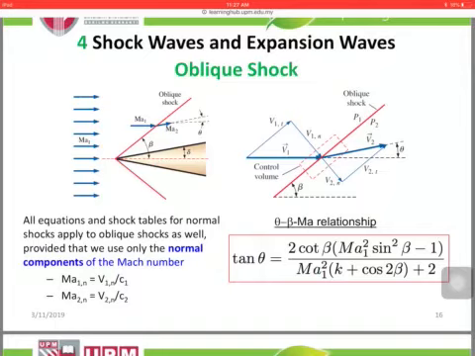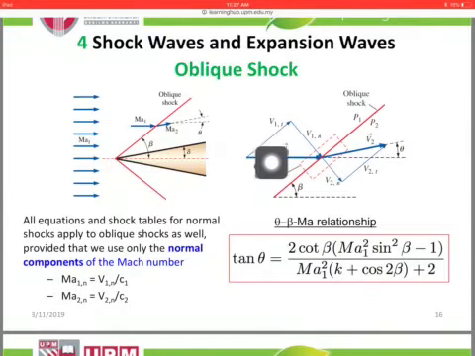Now, how to calculate, how to measure the Mach number, how to measure the velocity. So we need to consider the angle, just like I said before. For example, V1 is the velocity before the shock, and V2 is the velocity after the shock.